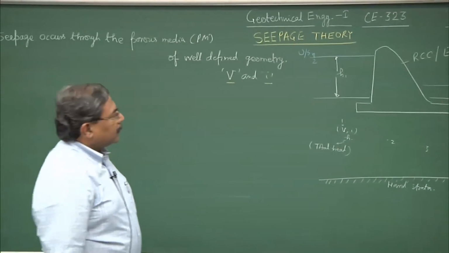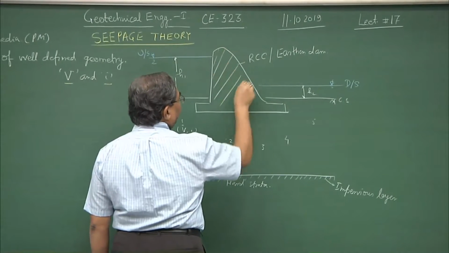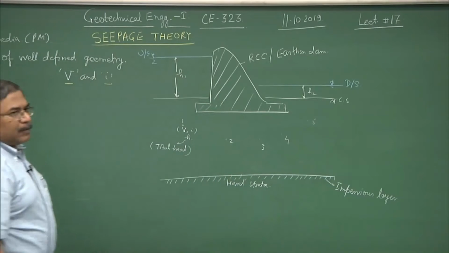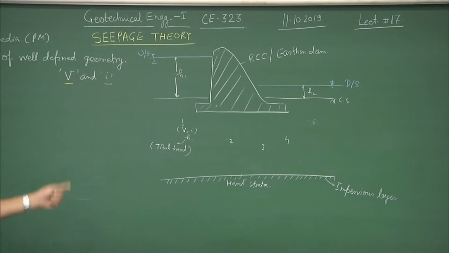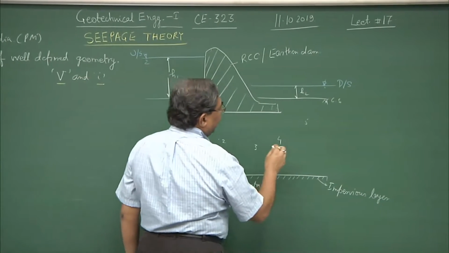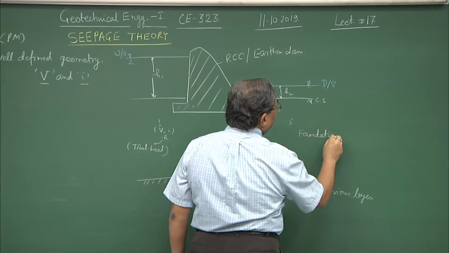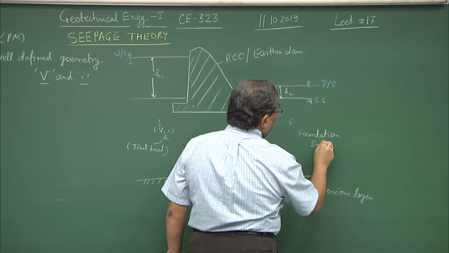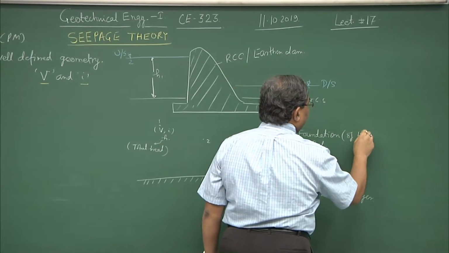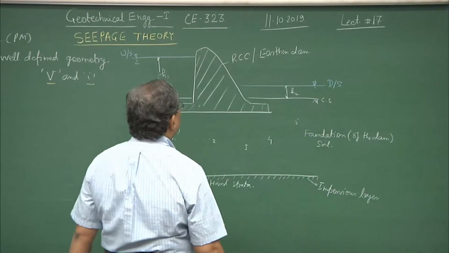Now, this is a typical cross section of the earthen dam or an RCC dam. My interest is to find out how much seepage is taking place through the foundations of this system. So, this part is defined as the foundation soil, or the foundation of the earthen dam. This is the body of the dam.